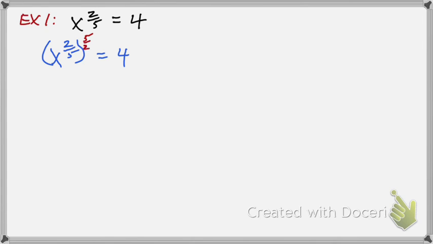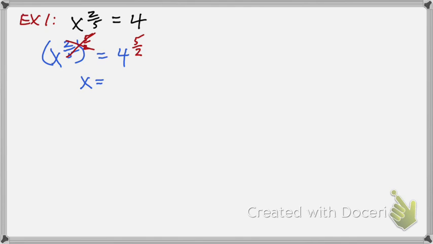In other words, the reciprocal of the exponent that's there now. And if I do that to one side, I've got to do it to the other side. Well, we know this left-hand side is going to cancel out and just leave me x.